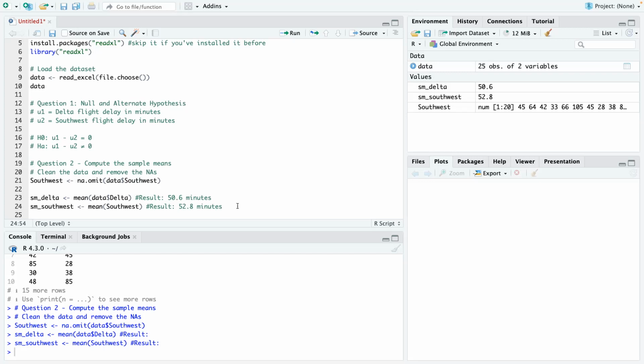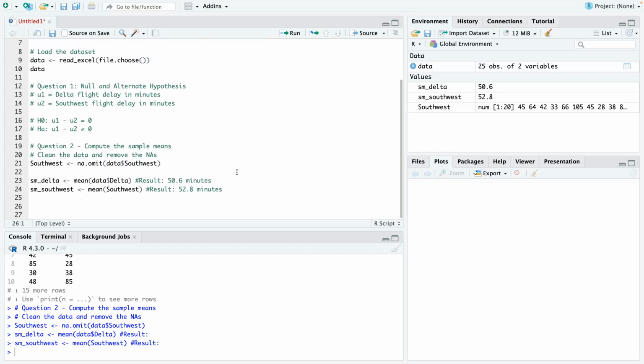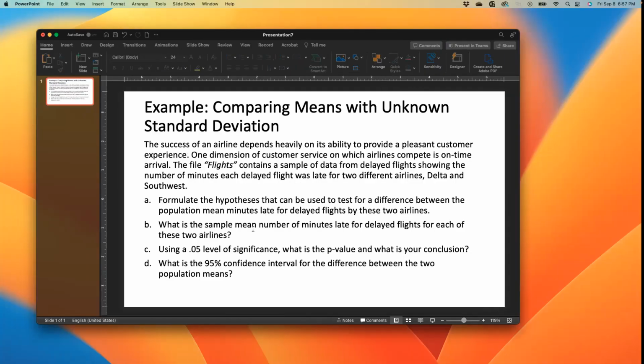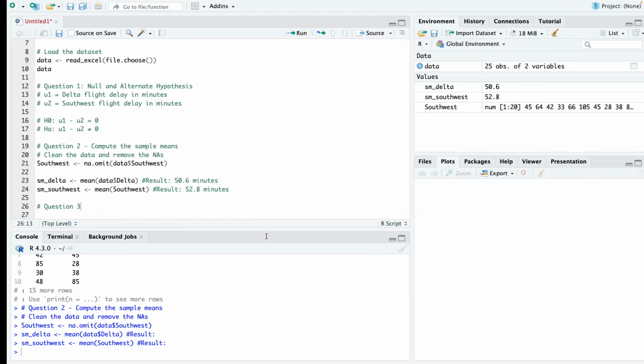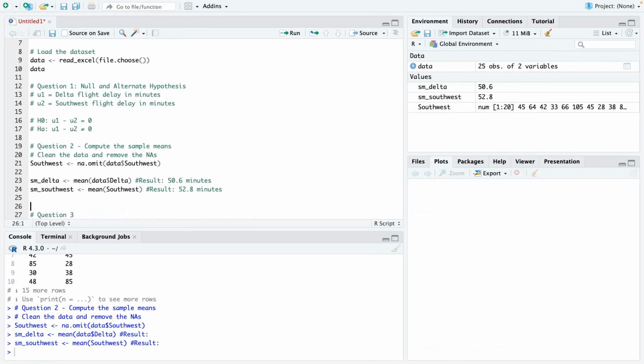So the next thing we want to do is go and answer question number 3. We're done with question number 2. It just asks us to compute the sample mean, that's all it asks us to do. So maybe we could put a little bit of interpretation here, just to make it look nice.